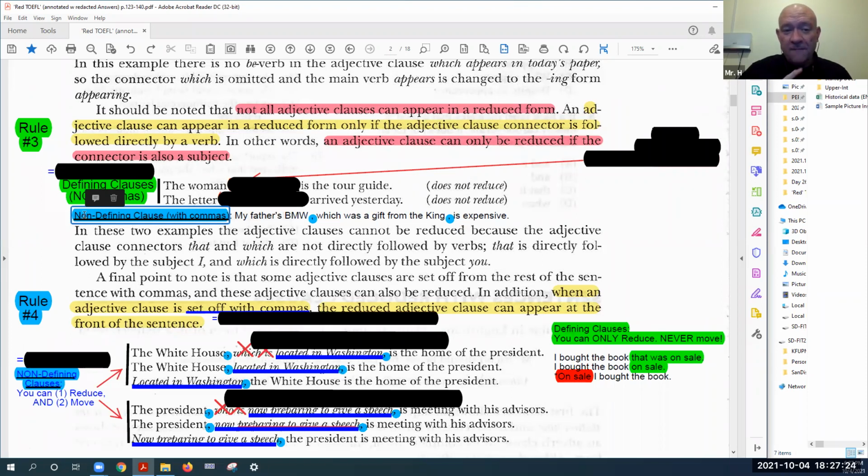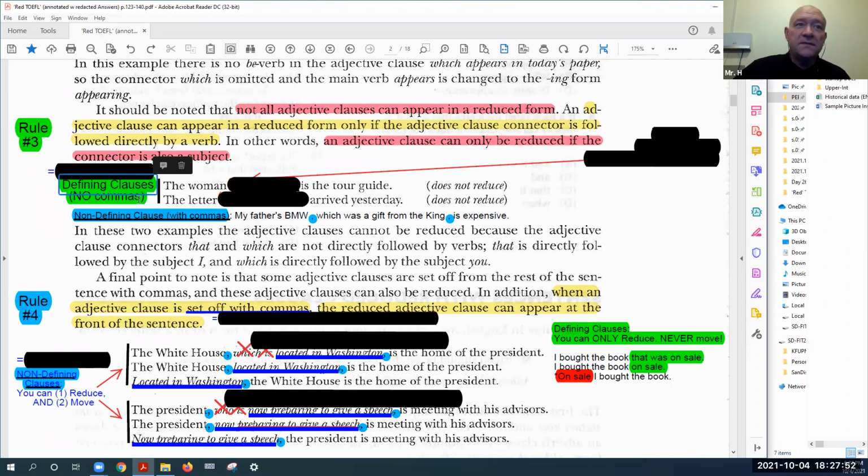In 04, we will use the same book that we have right now. That's correct. Use the same book, and this lesson will be in Unit 8. You will study defining clauses and non-defining.